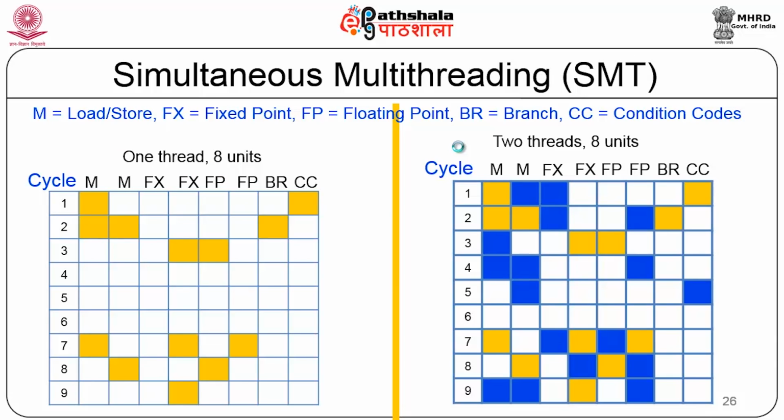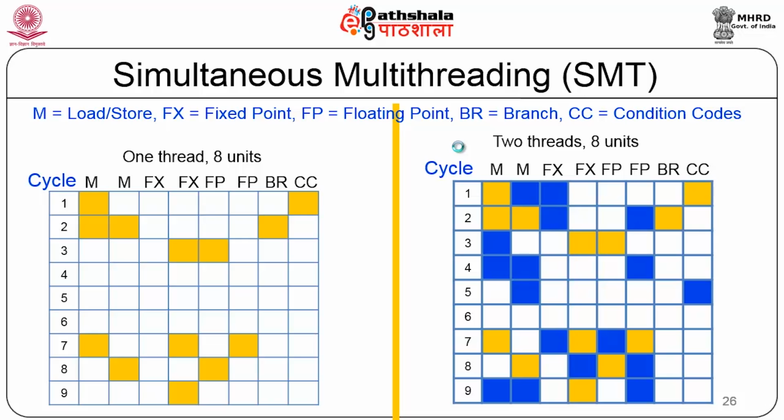This is a pictorial representation of simultaneous multithreading. As you can see on the left hand side, there is only one thread of execution. There are 8 functional units available, of different types: load store units, floating point units, fixed point units, branch units, condition codes and so on.